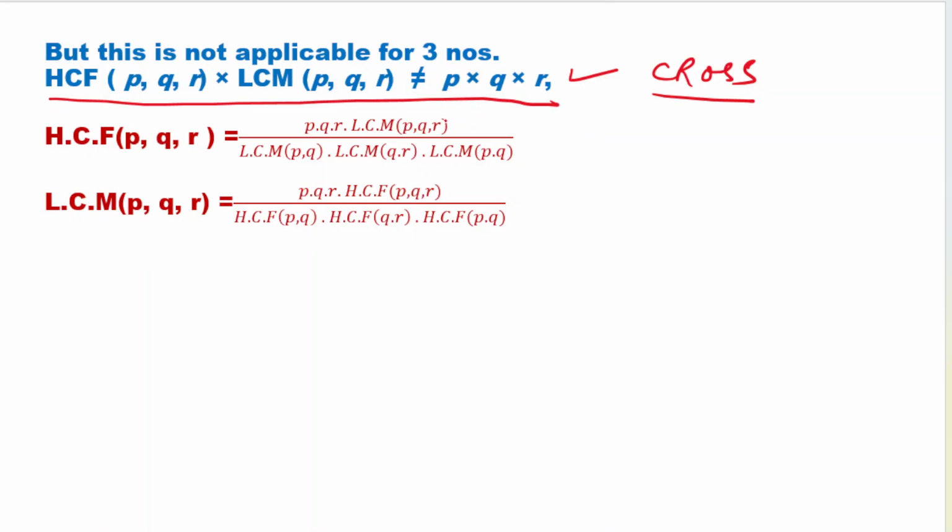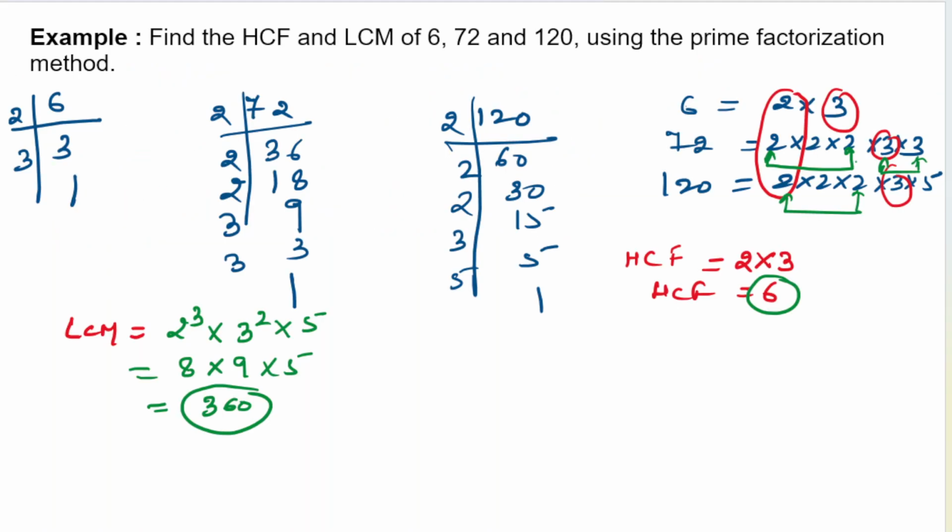For that, you use this formula, with H for HCF and L for LCM. We can cross check it here like this. Just put the values of HCF and LCM in the relation, so it becomes 6 into 360. It should be equal to 6 into 72 into 120.